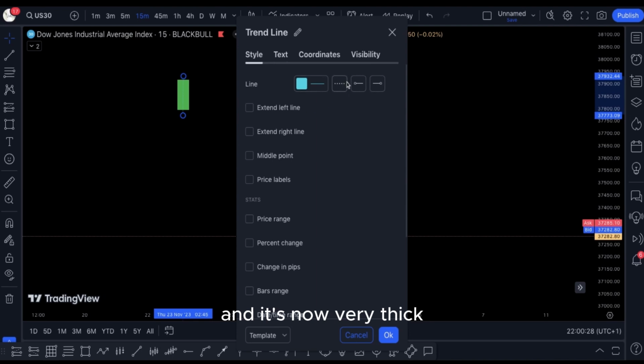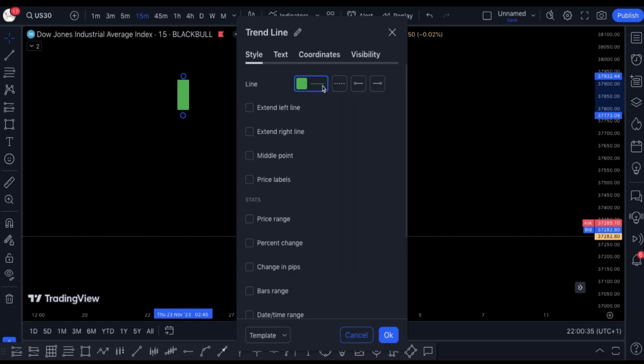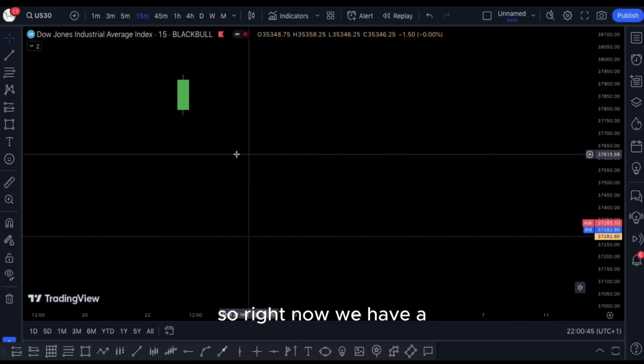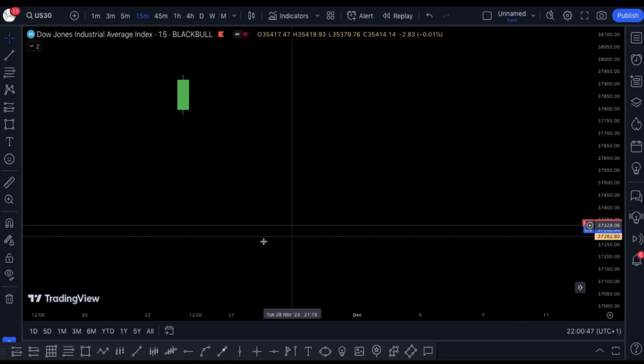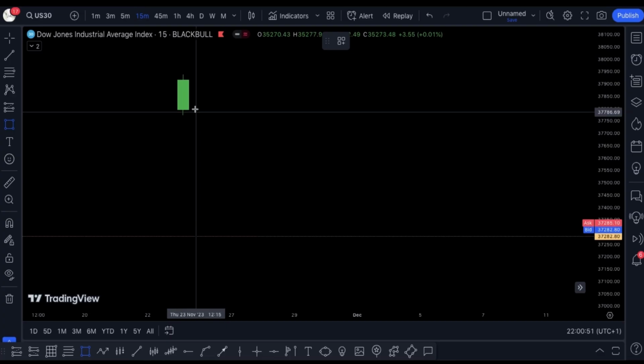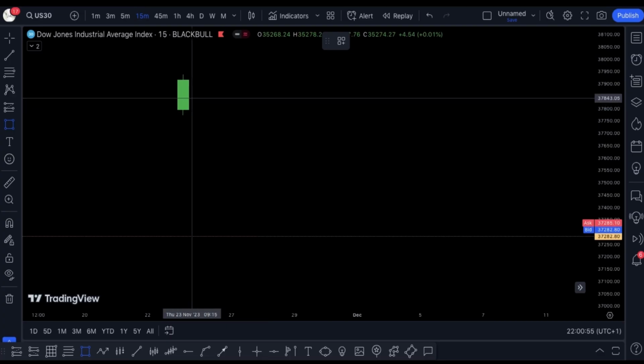So right now we have a form of candlestick. So remember this is a bullish structure.